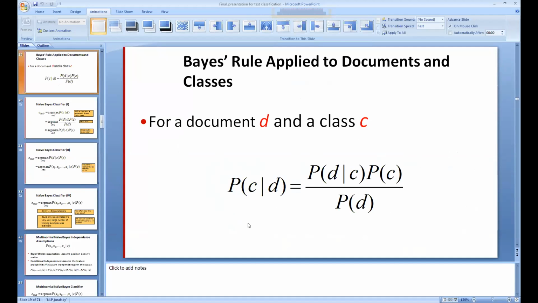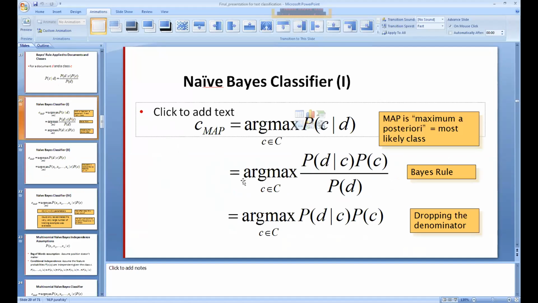Okay, this is the Bayes theorem representation. This is what I said, guys. While you are doing a classification application, you want to calculate the argmax, such that it has the probability of the class given the document. Whichever class has the highest probability, we map it as the maximum posterior probability.